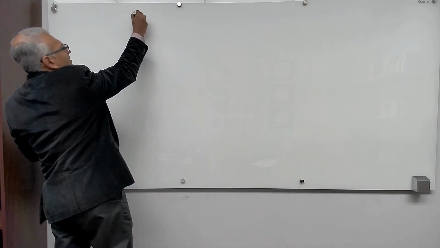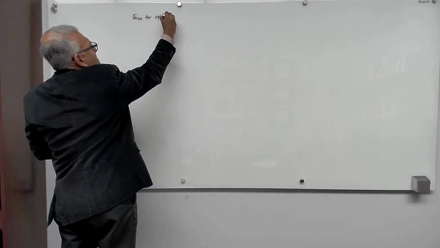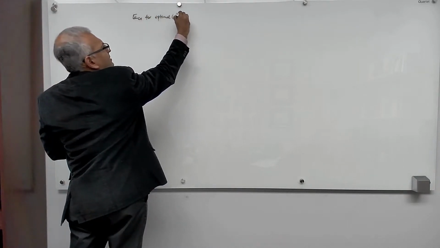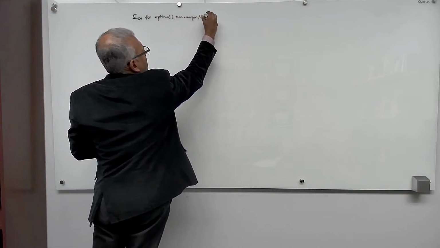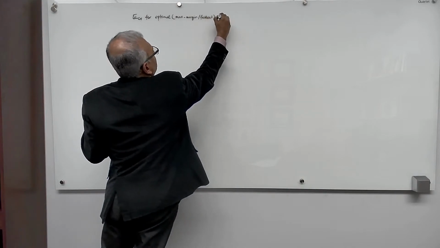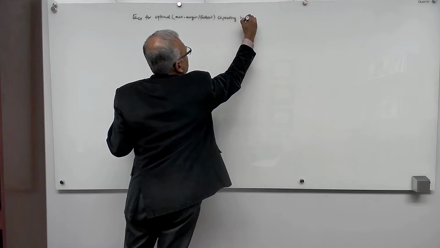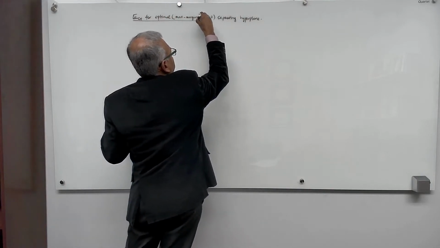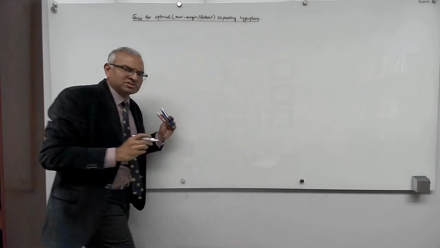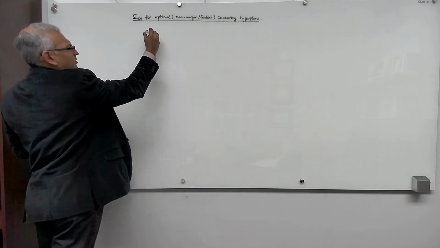So the cross-validation error, E_CV, for the optimal, i.e. max margin, fattest separating hyperplane. What's the result we're going to prove? The result is about the cross-validation error.